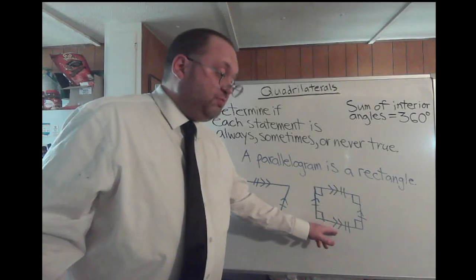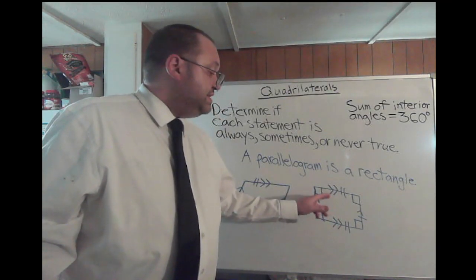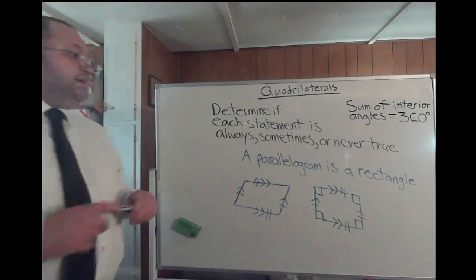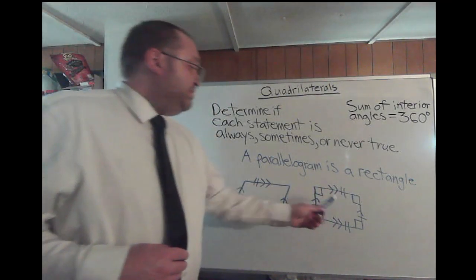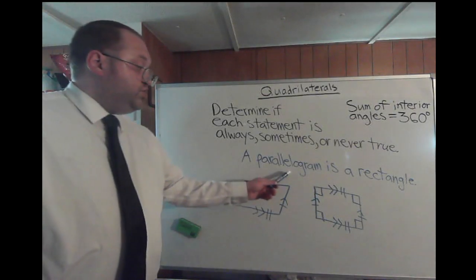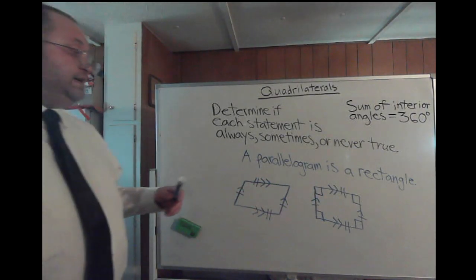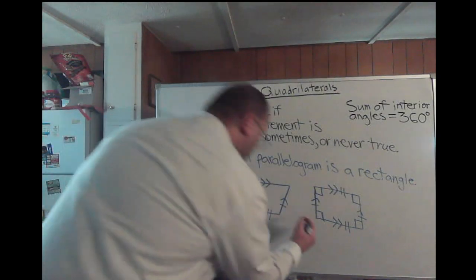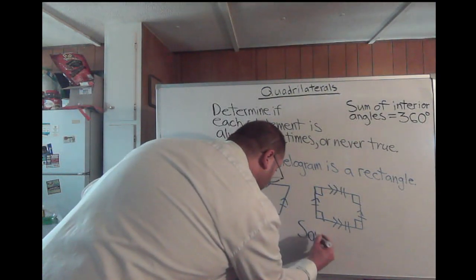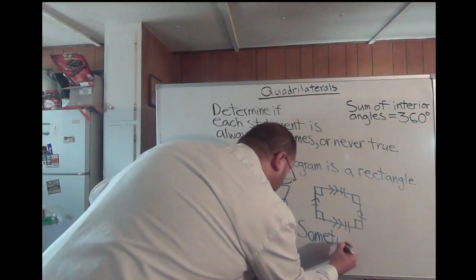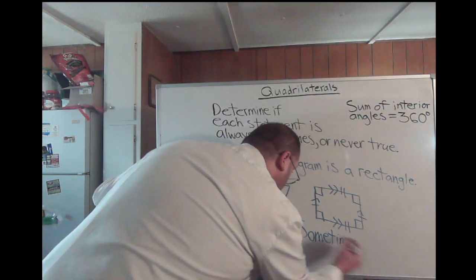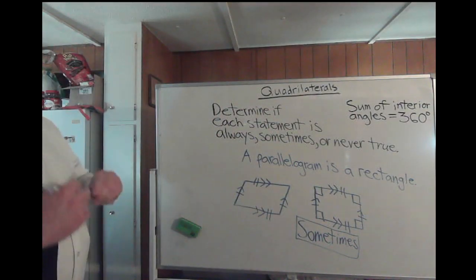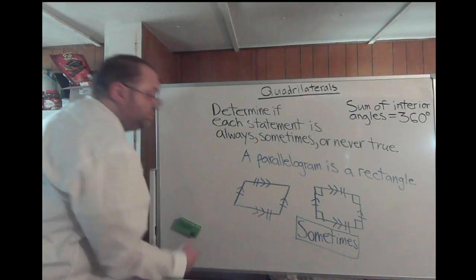All those things are true about the rectangle, except a rectangle adds the fact that all 4 angles are right angles. Now, it's true a rectangle is always a parallelogram, but it's not always true that a parallelogram is a rectangle, because this parallelogram is missing the right angle factor. So that is sometimes true. If you don't have right angles in the parallelogram, then it's not a rectangle. So sometimes it's true.